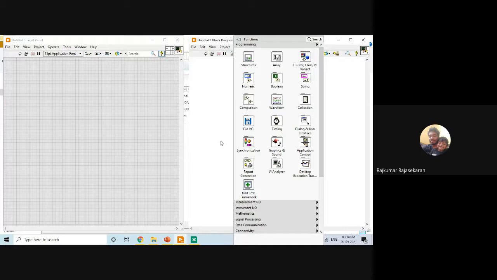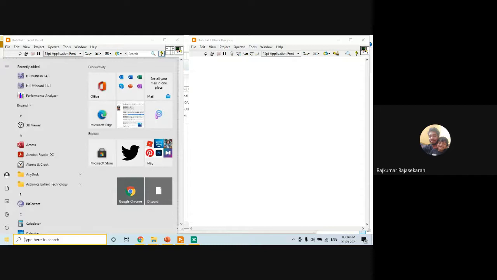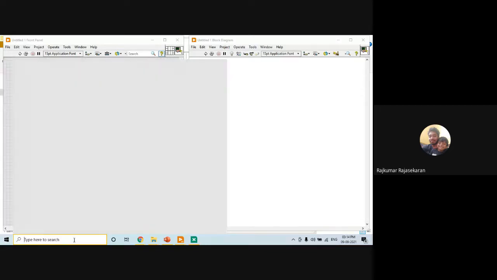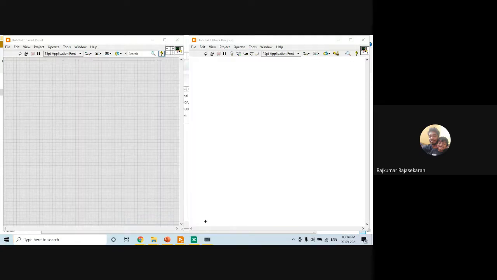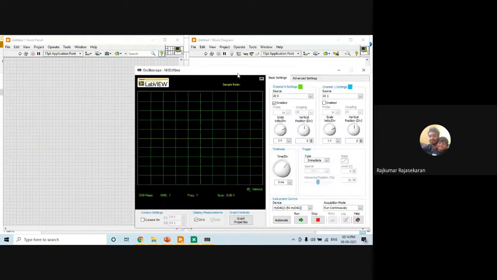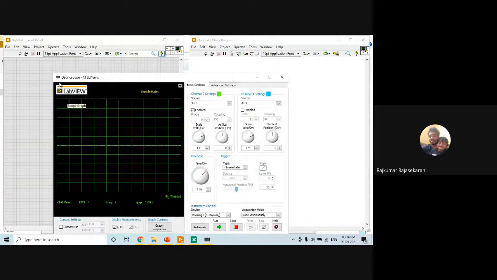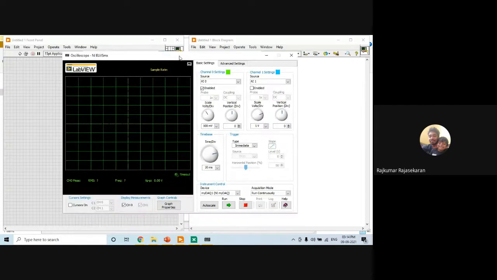And that is done by using several drivers. Like a few minutes ago, I showed that there's something called an oscilloscope. Even though it's available as a ready-made application for me, it was actually created using LabVIEW. These knobs and components were created using LabVIEW.